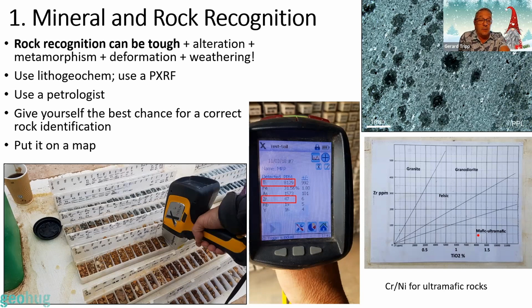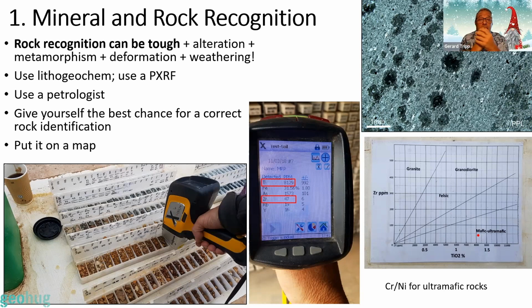If I zap that, I've got titanium at 8,000 ppm, zirconium at 47. I can plot them up on my little graph and work out that I'm in the mafic or ultramafic field. If you can't do that, then you just keep pushing and pushing until you can find out what that rock is. That's really the way we want to do it, so that we've got a really good geological map.